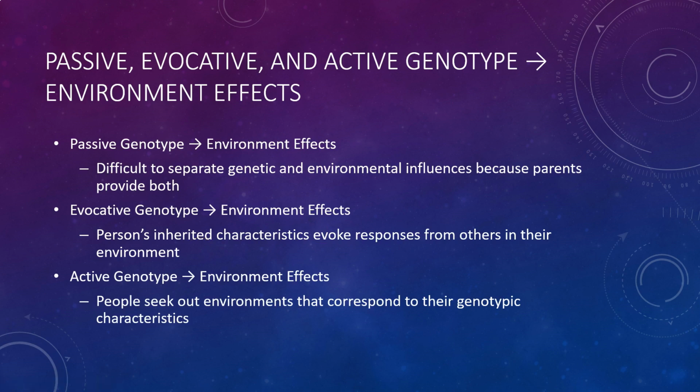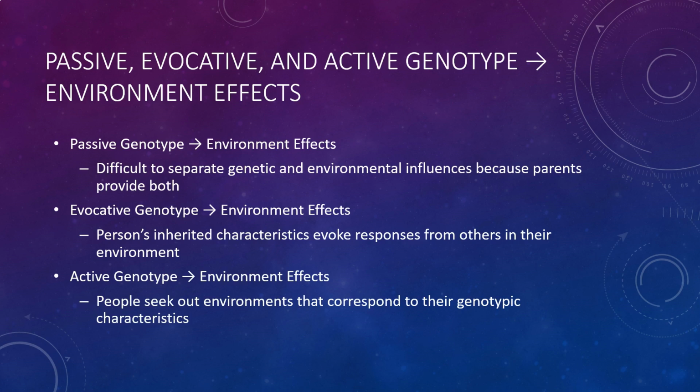then impact development. And then the idea of an active genotype, again, leading to certain environmental effects. The idea of an active genotype is that people seek out environments that correspond to their genotypic characteristics. So by inheriting certain genes that maybe make an individual have a lot of energy and be very active, well, they are going to seek out maybe being involved in sports or finding kids in the neighborhood to run around and ride bikes with.